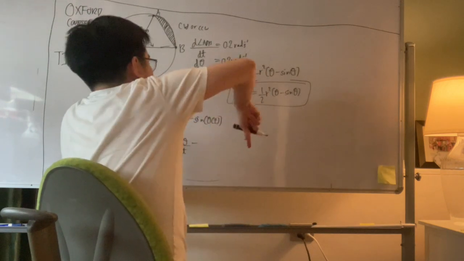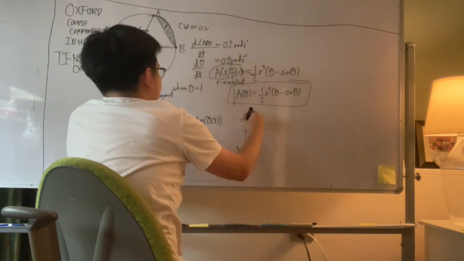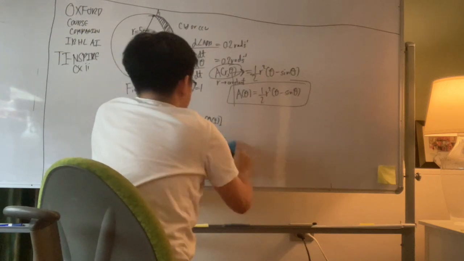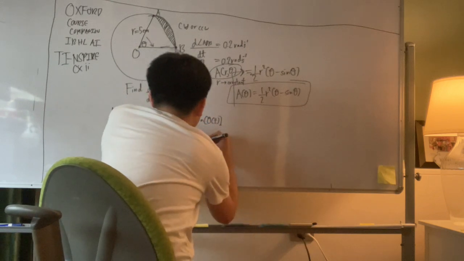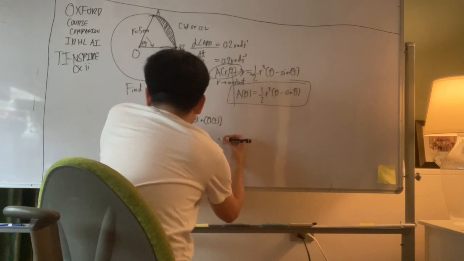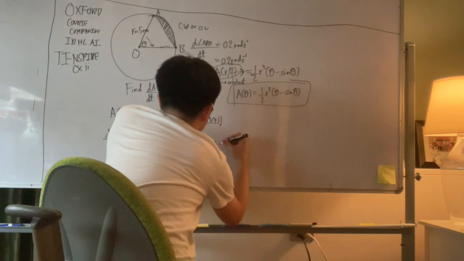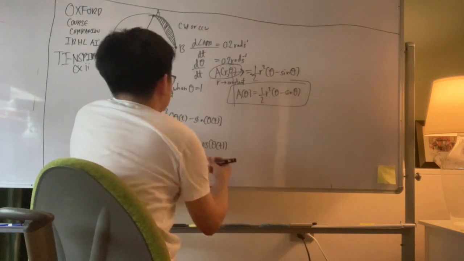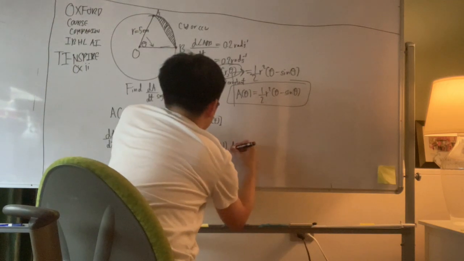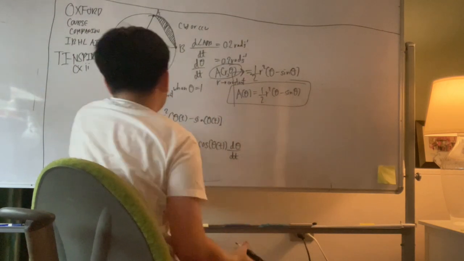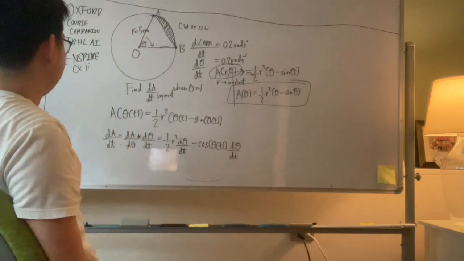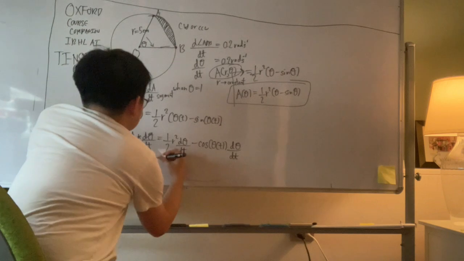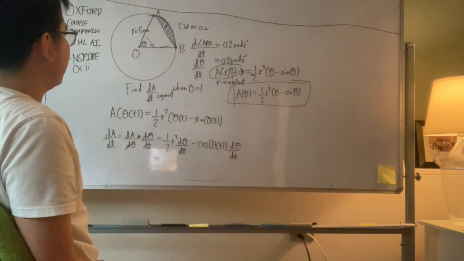You do the minus sign over here and then you rotate it again, it's going to bring us to minus cosine theta by mechanical rotation. So that's minus cosine theta of t. And then you multiply by the derivative of the angle again, so you get a d theta/dt. This cancels out. Okay, this is not that bad.